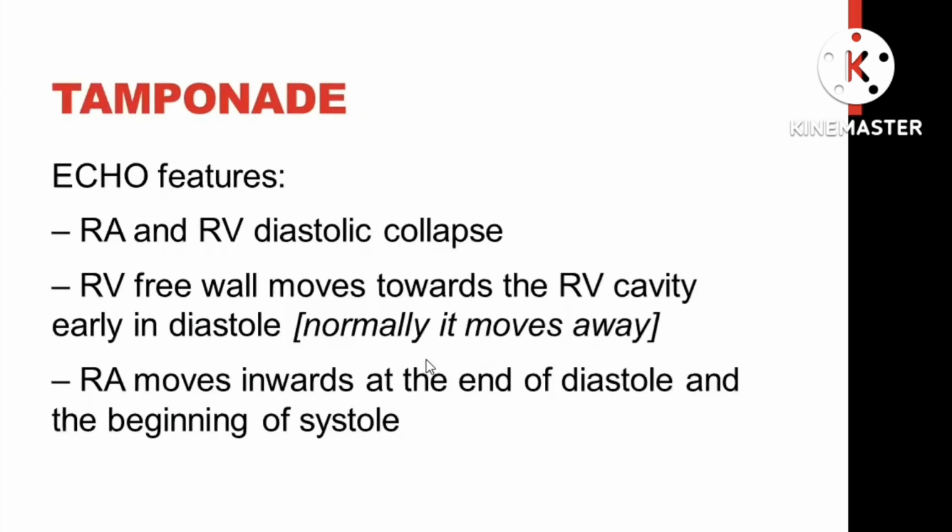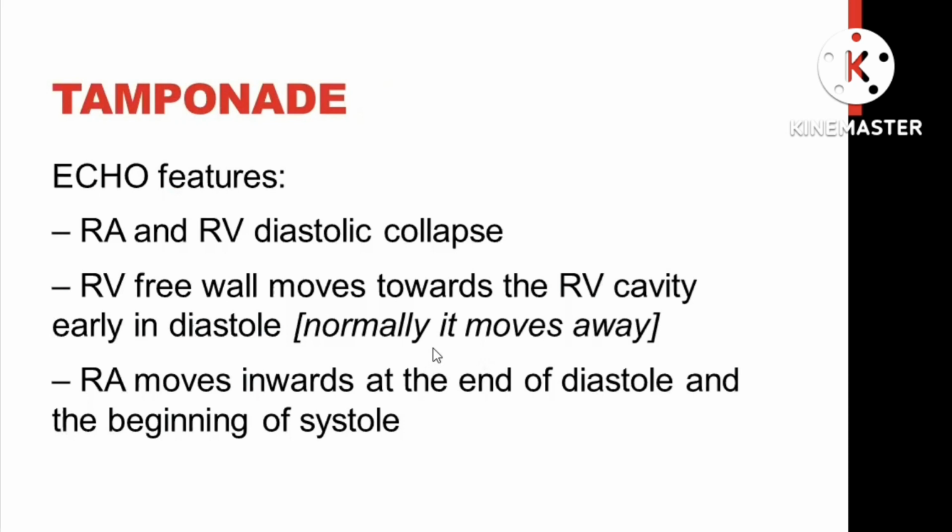Echo features: RA and RV diastolic collapse. Okay. So the RA free wall moves towards the RV cavity early in diastole. RA moves inward at the end of diastole and at the beginning of systole.